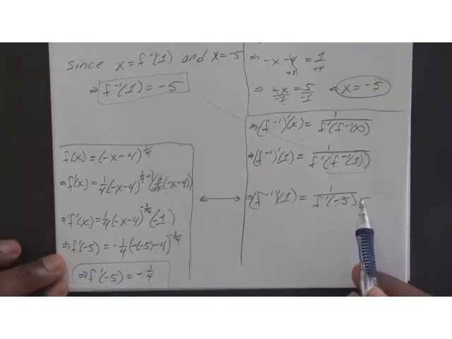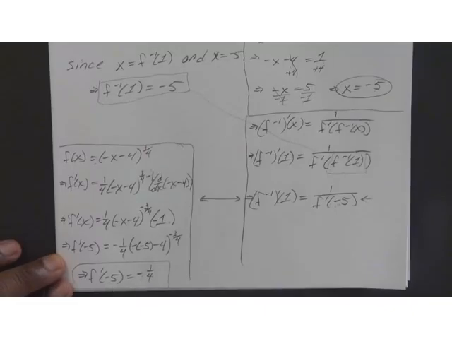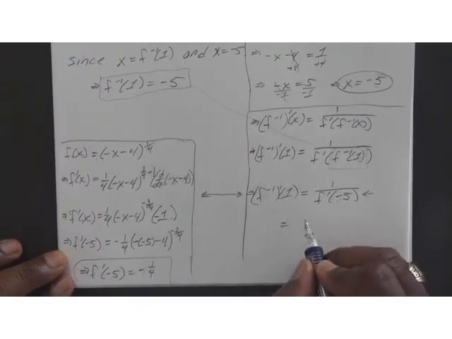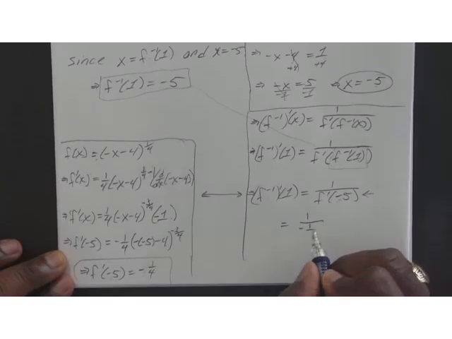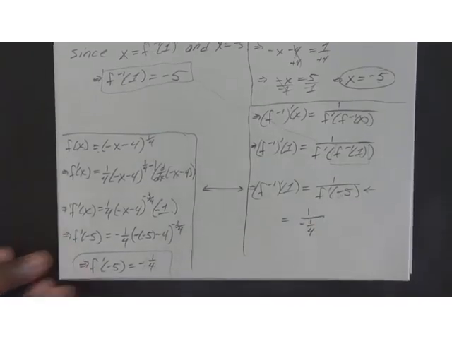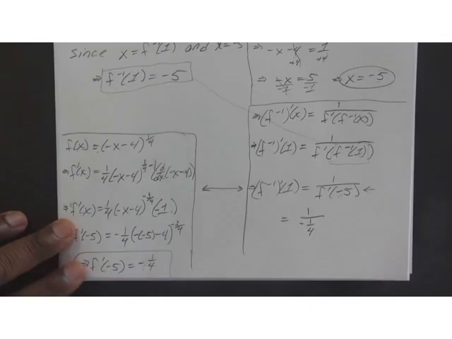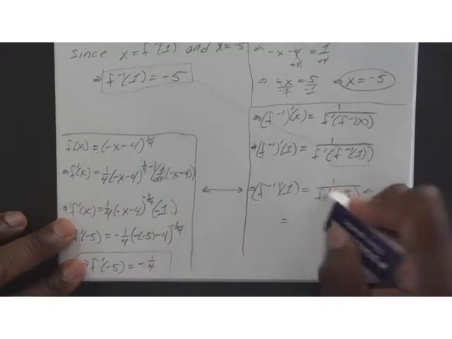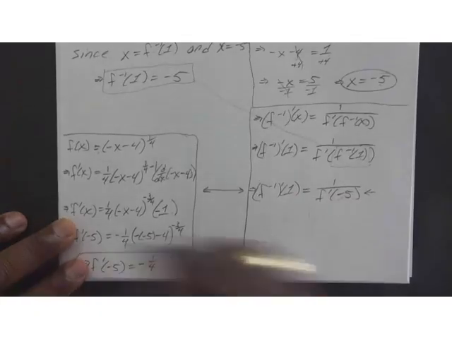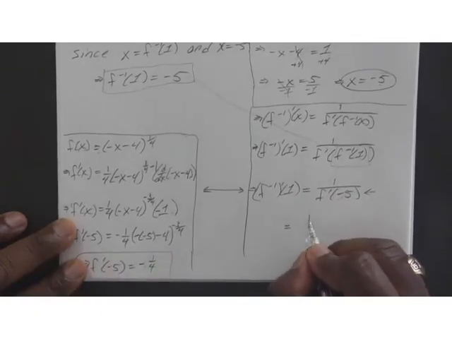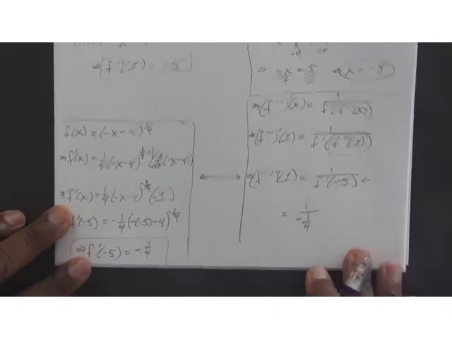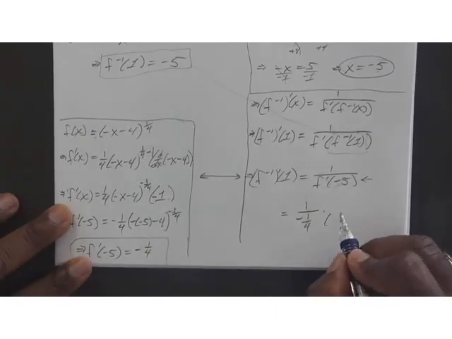So this f prime of negative 5, we can replace that with negative 1/4. That's equal to 1 over negative 1/4. Well, that form is a little bit messy. So that negative, we can just factor that out to the front. But to simplify this, let me bring that down so it has a little more room. 1 over negative 1/4. So we just multiply the numerator and denominator by the reciprocal, which is 4 over 1, or just 4.